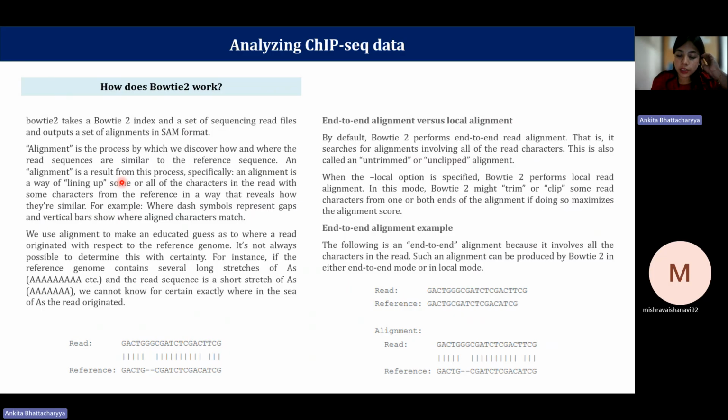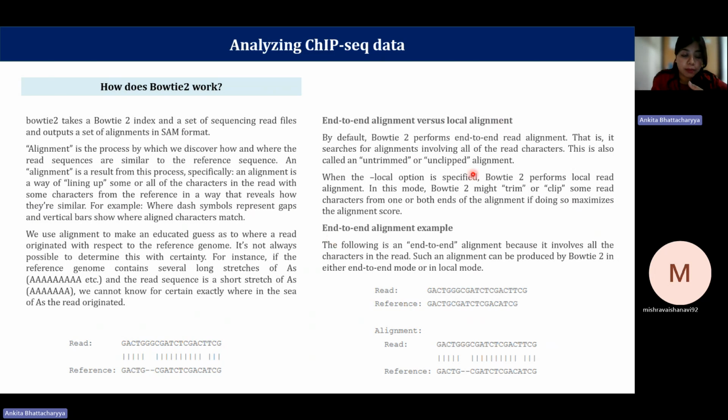So you get the HG38 sequence and you align your reads and your sequences that you have derived after immunoprecipitation. And then you check which regions of the human genome it is able to align to. So that shows you the percentage alignment. So it basically tells you where your read has come from. So this is what it approximately looks like.